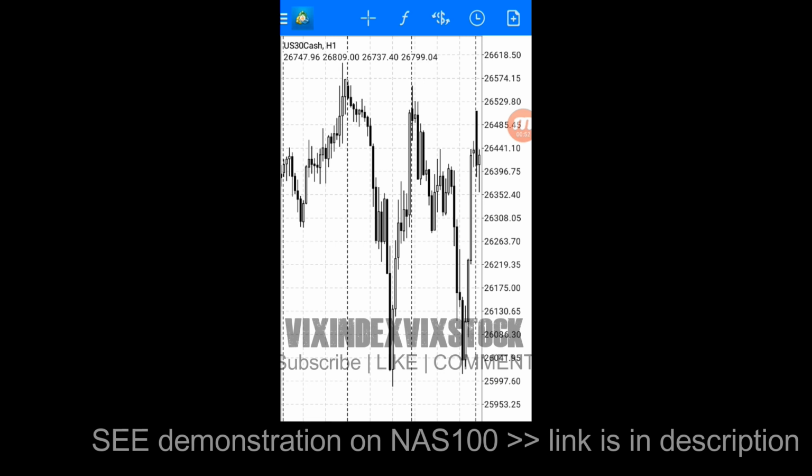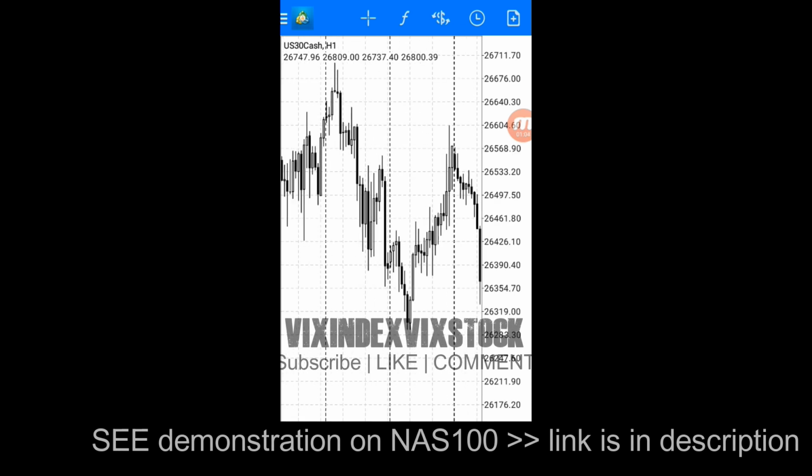But it's a simple strategy. Again, if you are struggling with trading indices, which in my opinion are easier to trade than Forex, this is one strategy that you can use and practice with.